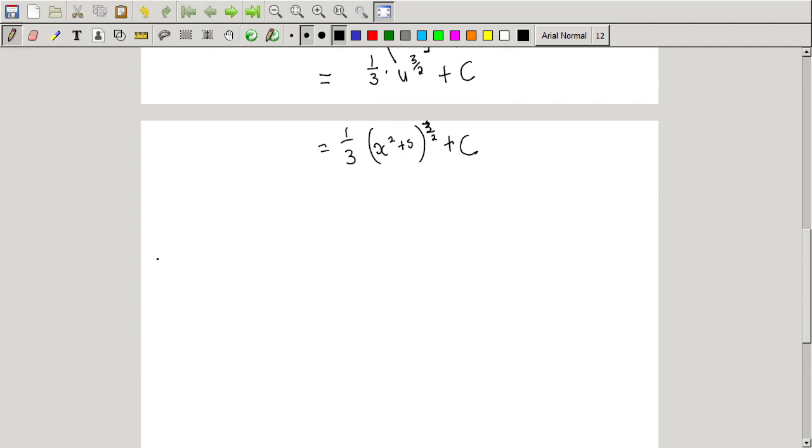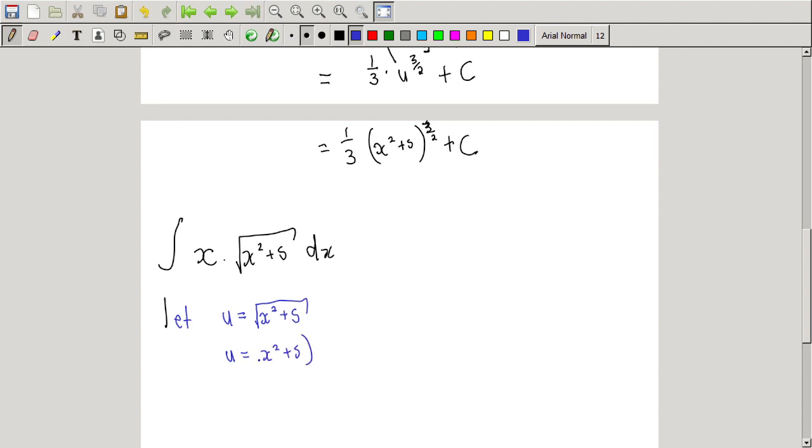So here's what we're going to integrate: x multiplied by the square root of x squared plus 5 dx. Let u be equivalent to the square root of x squared plus 5, which is the same as u equals x squared plus 5 all to the power of 1 over 2.